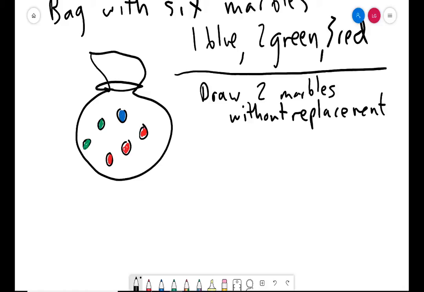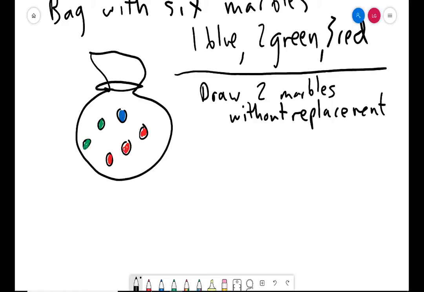So let's take a look at what the sample space is. What is the sample space of all possible outcomes? Well, let's think about it.